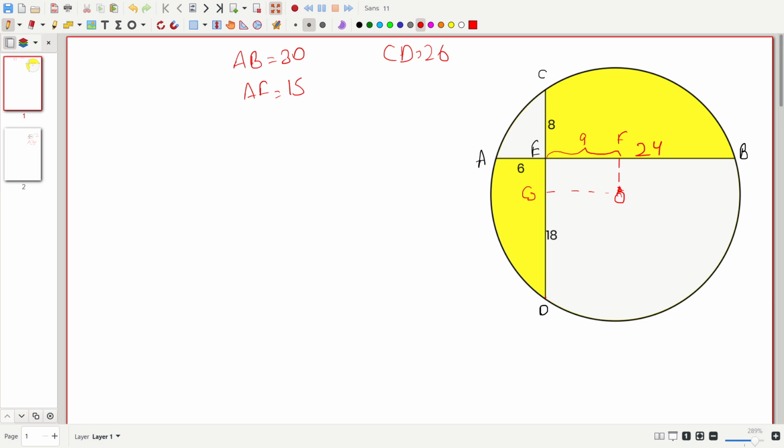It is half of the length, so GD will be 13. If the total length is 26, as you can see, this is the center. If I draw a line parallel to it, it is going to be at the center of the line. So this is 13, correct?